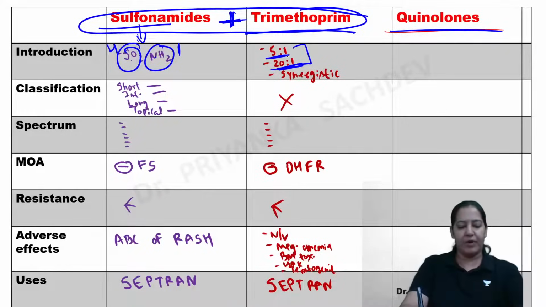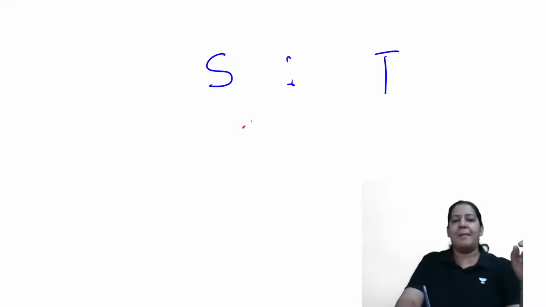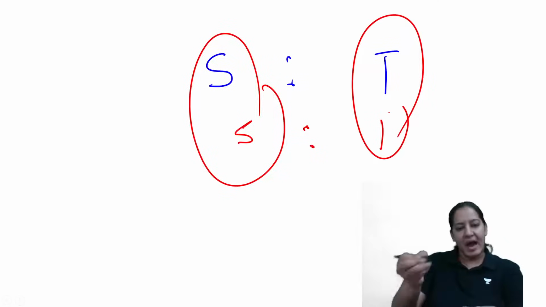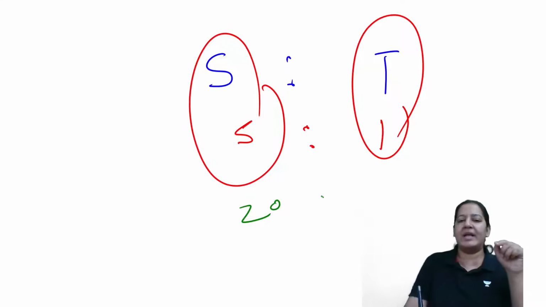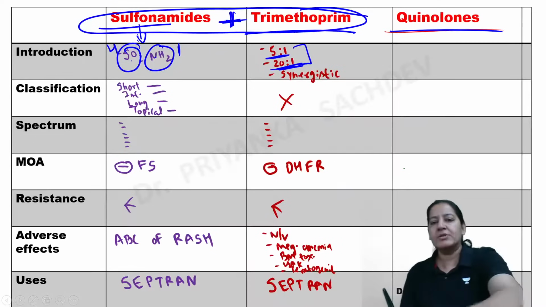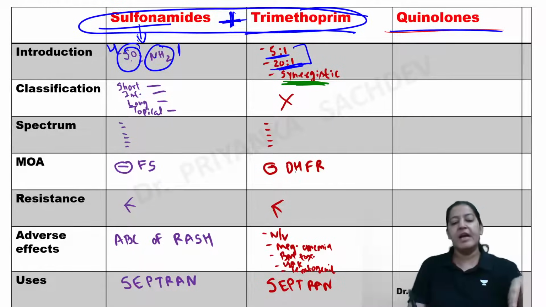So always the more is sulfonamide. If I say sulfonamide to trimethoprim, in the tablet it is 5:1, so 5 is sulfonamide and 1 is trimethoprim. After going in the body it becomes 20:1, so 20 is sulfonamide and 1 is trimethoprim. You got my point? And the action is synergistic. What is the meaning of synergistic?